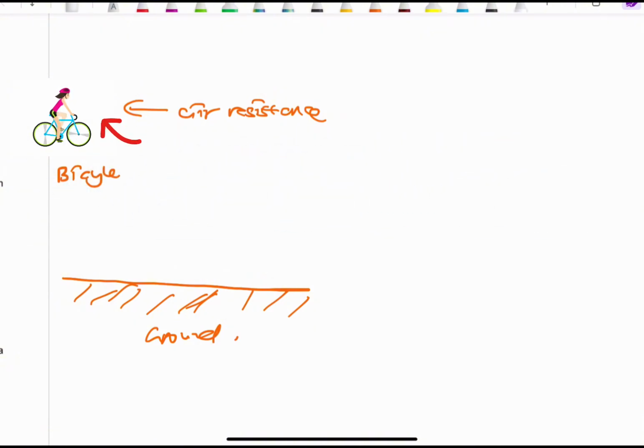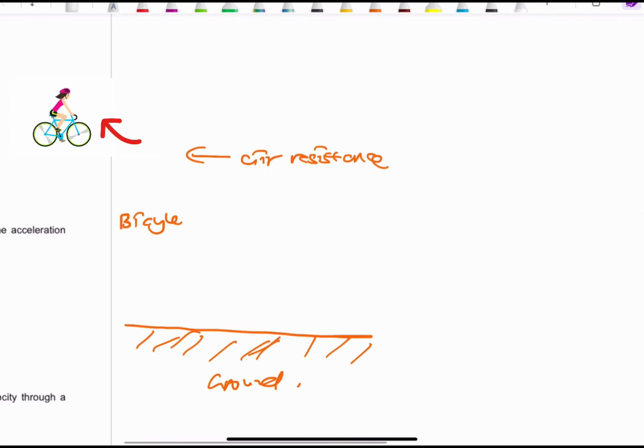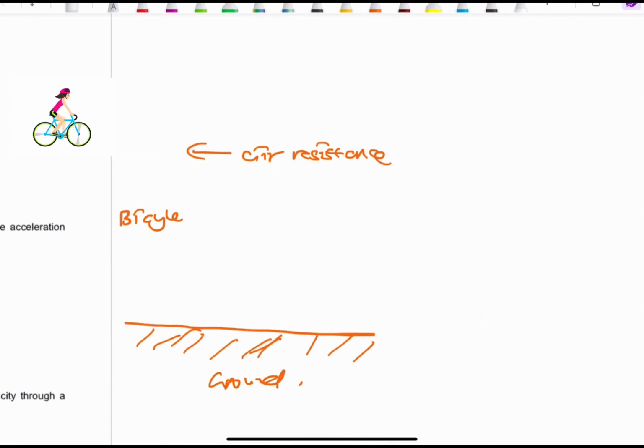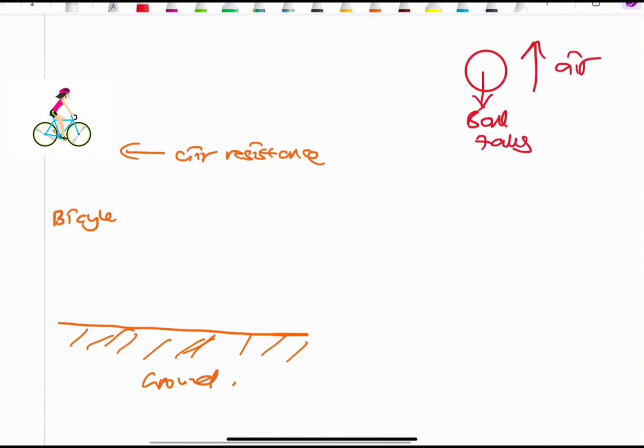If we put it on our ball, as our ball falls down, the air resistance will increasingly act upwards. So as the ball falls down, the air resistance actually increases. That's very important for you to know. But air resistance and weight will be equal.